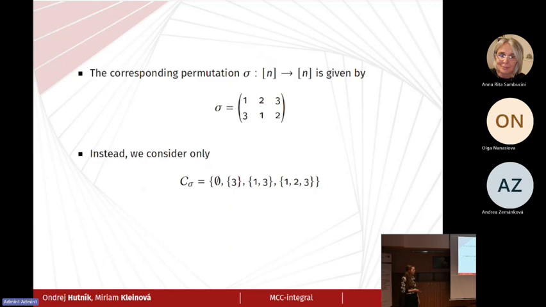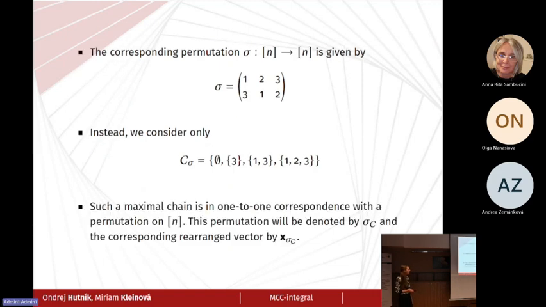And to any permutation, there exists exactly one maximal chain. These sets will be denoted as C sub 0, C singleton is C sub 1, and so on. This also holds in reverse.